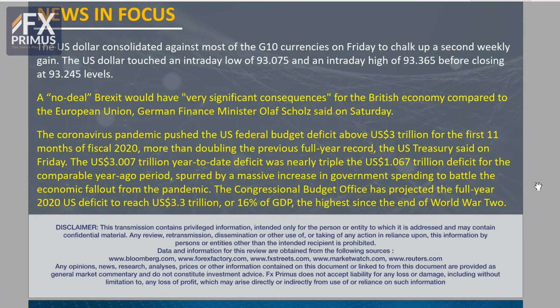There were comments by German Finance Minister Olaf Scholz mentioning that a no-deal Brexit would have very significant negative consequences on the British economy as compared to the European Union economy. UK Prime Minister Boris Johnson also replied to the comments from European Union parties that threatened that the UK could be in breach of international law and breaching the terms of the original Brexit withdrawal agreement.